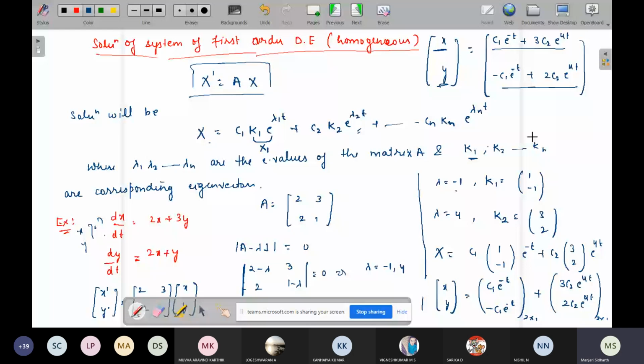So I'll write the solution here. x equals c1 e power minus t plus 3c2 e power 4t. y equals minus c1 e power minus t plus 2c2 e power 4t. So these are the values of x and y. This is very simple.